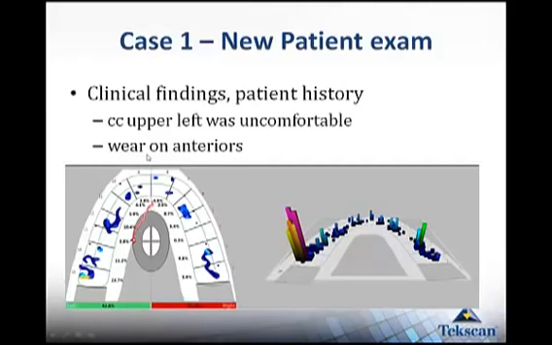So he did a Tekscan, didn't even go through the movie, just showed the patient the end results of the movie itself, and then correlated what he found to his x-rays, his pictures, and his clinical findings with that patient. He was able to diagnose that the left side uncomfortableness was probably the high forces occurring right here.